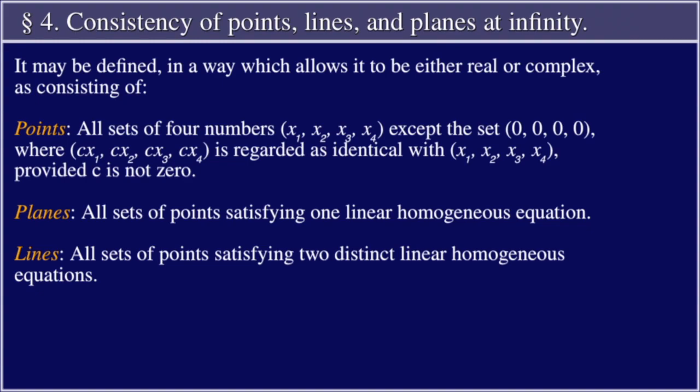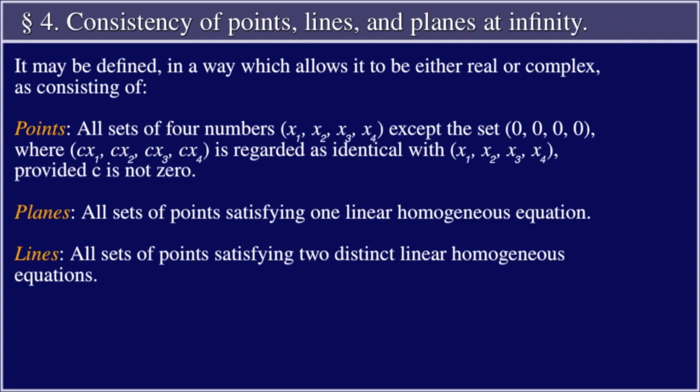It may be defined in a way which allows it to be either real or complex as consisting of points: all sets of four numbers, x1, x2, x3, x4, except the set 0, 0, 0, 0, where cx1, cx2, cx3, cx4 is regarded as identical with x1, x2, x3, x4, provided c is not 0.